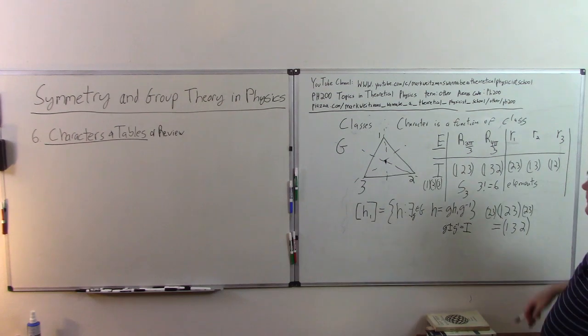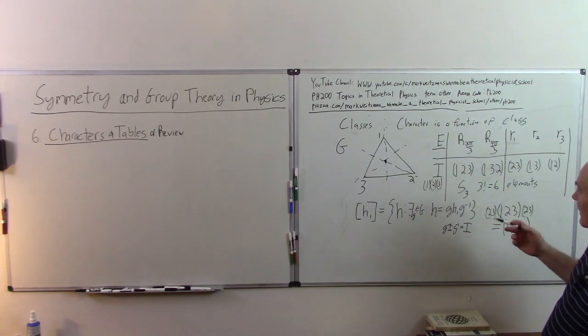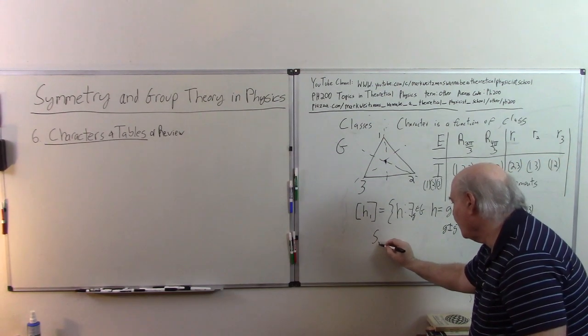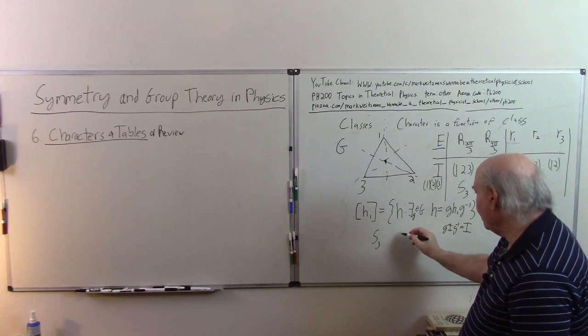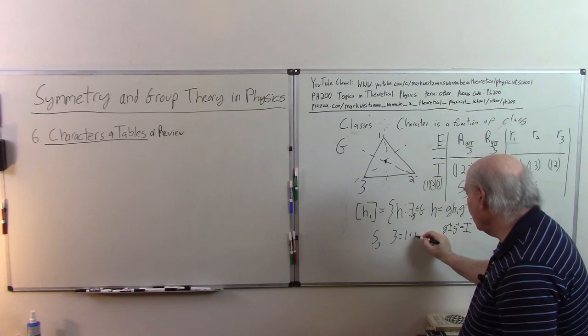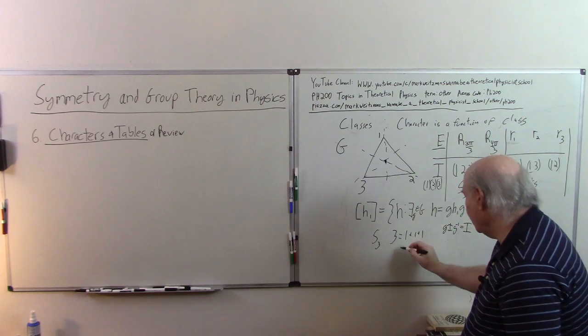So it turns out in the permutation groups, every class is just a partition. For S3, if you think of all partitions of the number 3, you can write 3 equals 1 plus 1 plus 1. That's the identity.